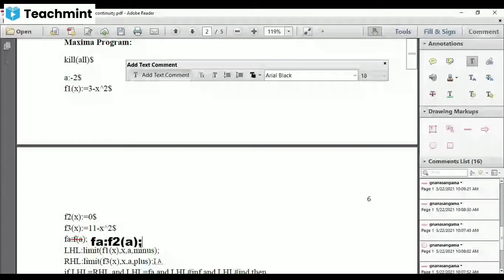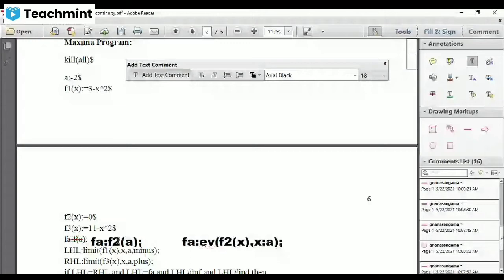Or you can also write fa colon evaluate f2 of x for variable x with the value a. You can write like this also. That also gives you the same value, right? You're going to evaluate this function for x at a. You can write this or this. There is no change in the answer. So you'll get f of a.